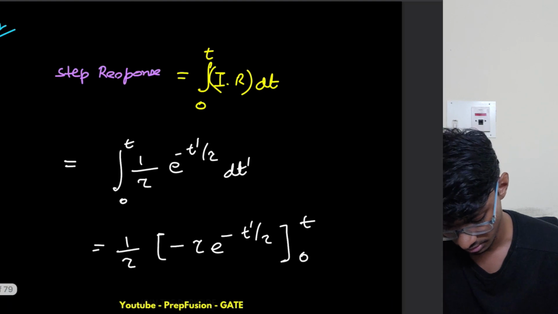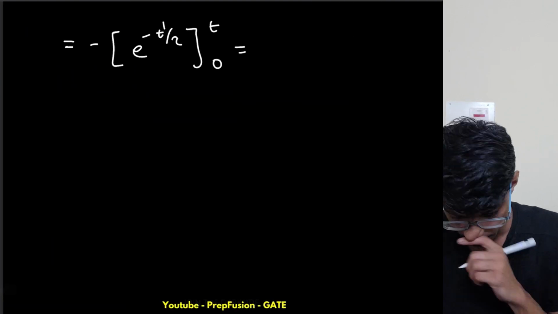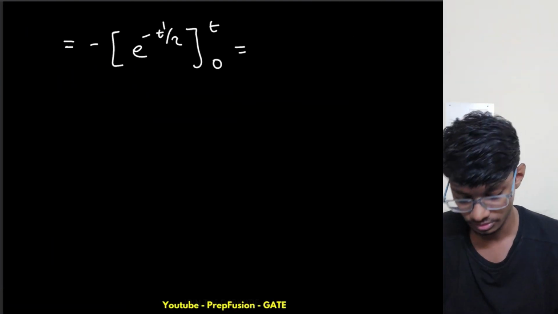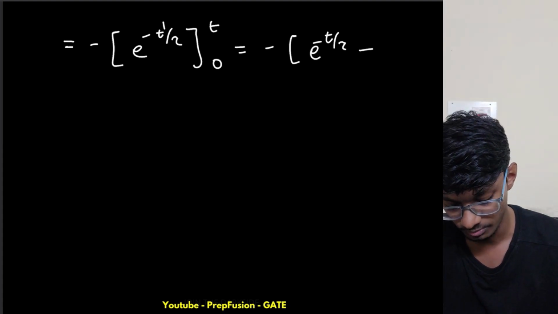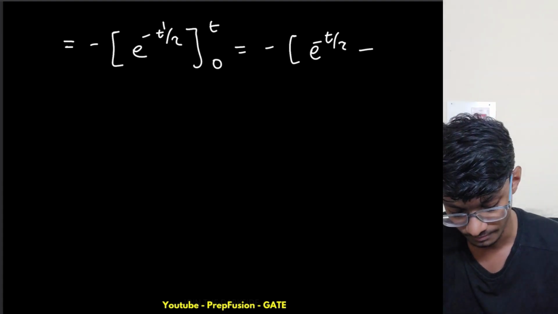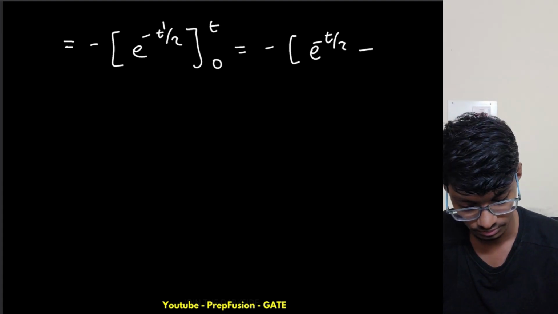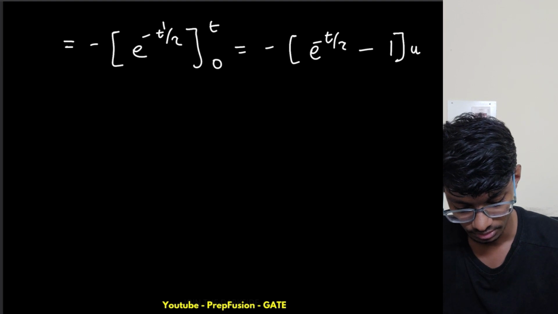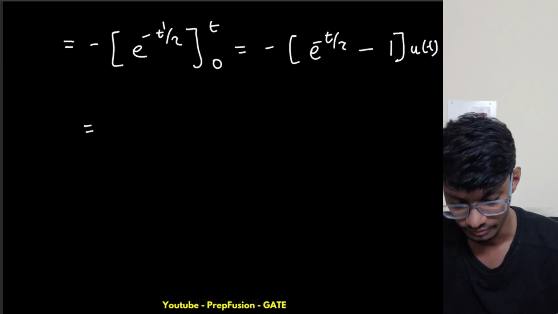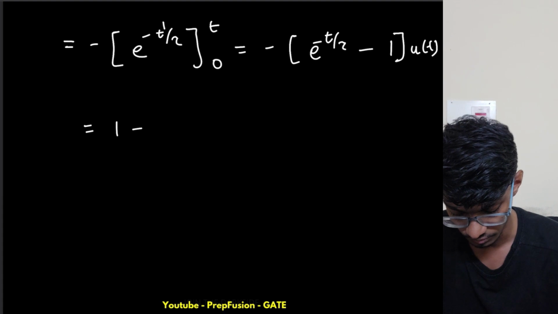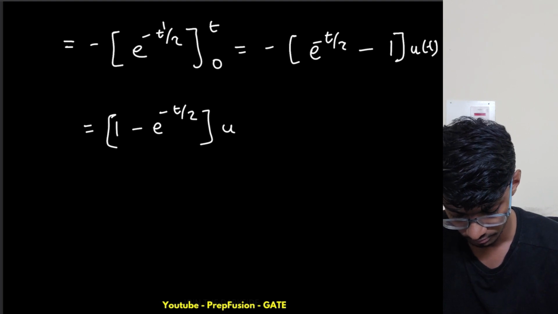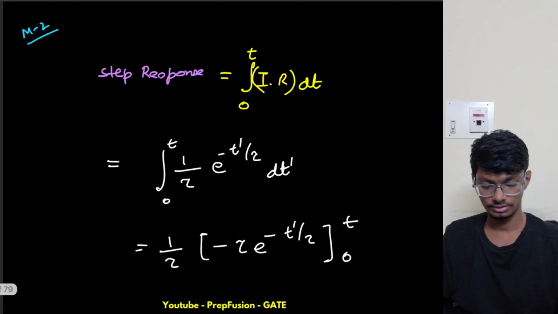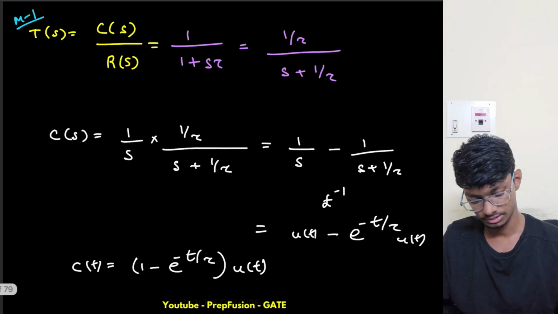I put t dash equals to t, so this becomes e raised to power minus t upon tau, and again I put t dash equals to 0, so this becomes 1. And u of t is outside. If I take minus inside, it becomes 1 minus e raised to power minus t upon tau into u of t.